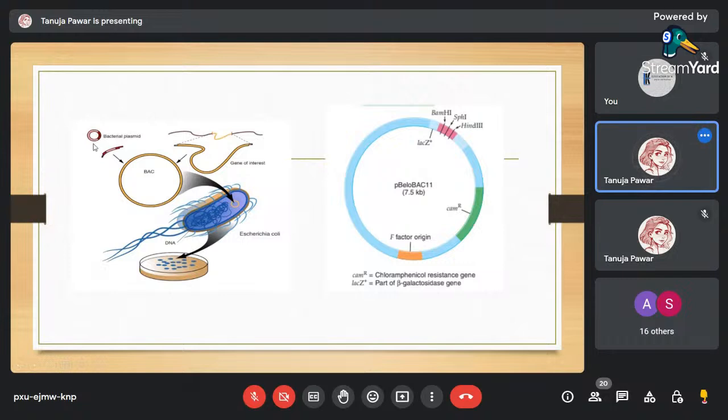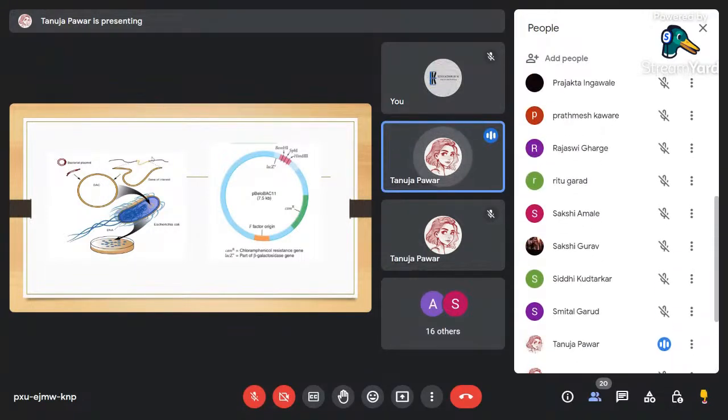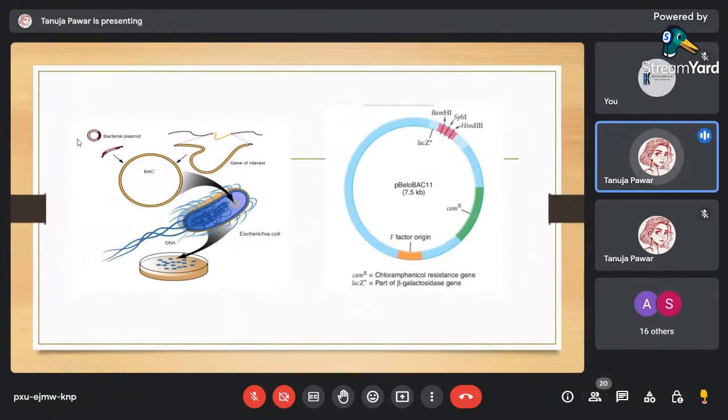Here, for making a bacterial artificial chromosome, we take our gene of interest and insert it into a bacterial plasmid, and then through techniques such as electroporation, we introduce the bacterial artificial chromosome into bacteria such as E. coli.